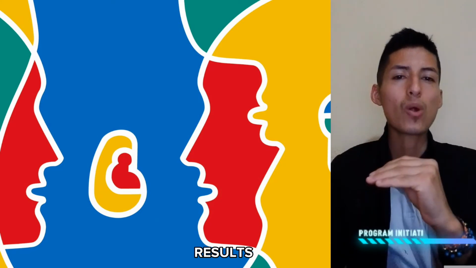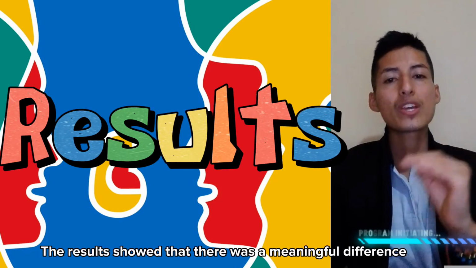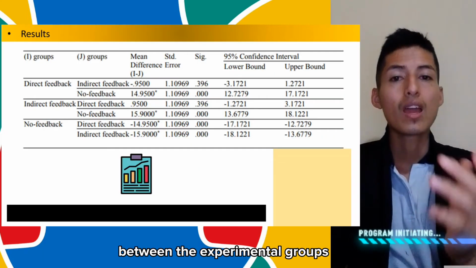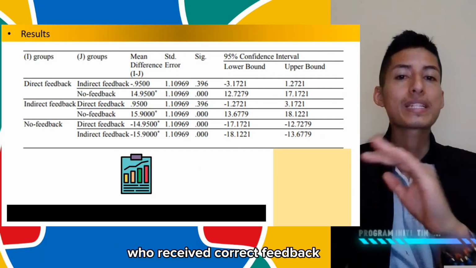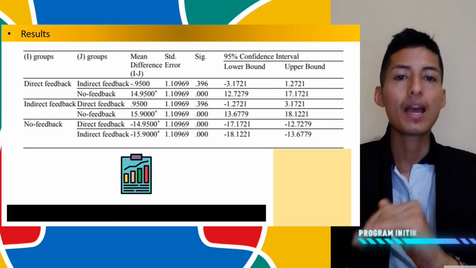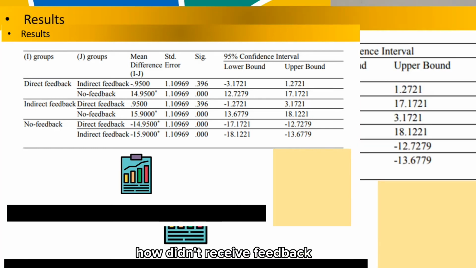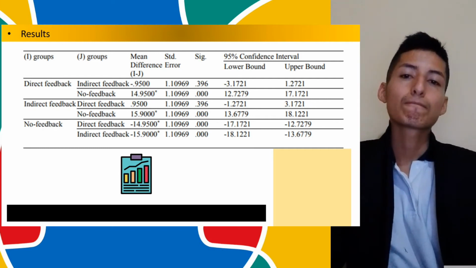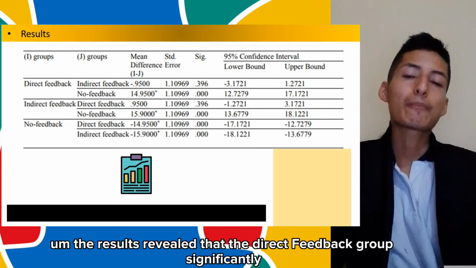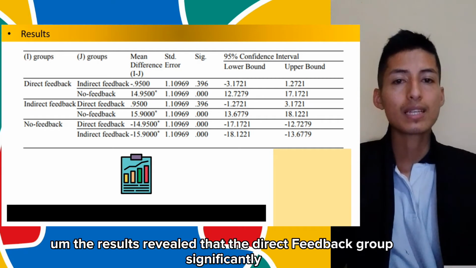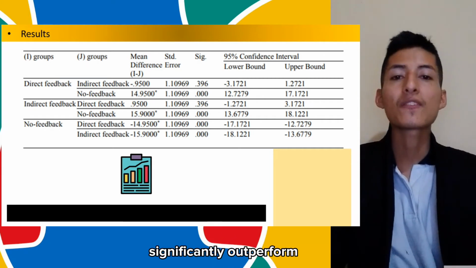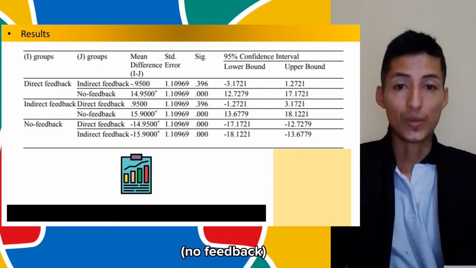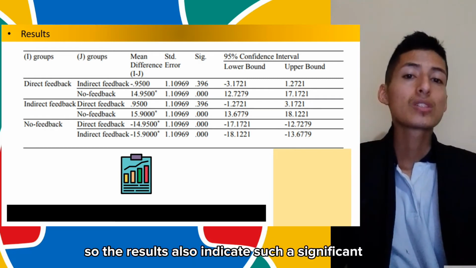Results. The results showed that there was a meaningful difference between the experimental groups who received corrective feedback and the control group who didn't receive feedback. The results showed that the direct feedback group significantly outperformed the control group, who received no feedback.